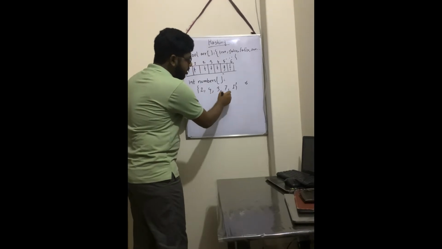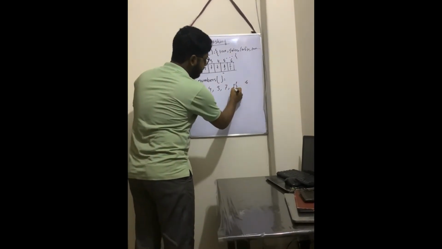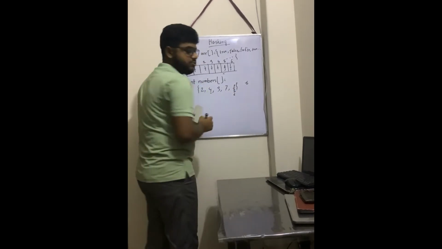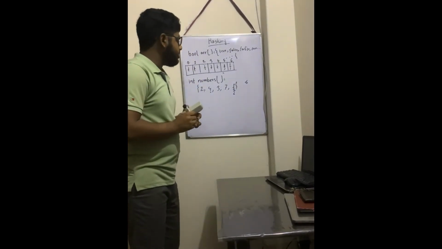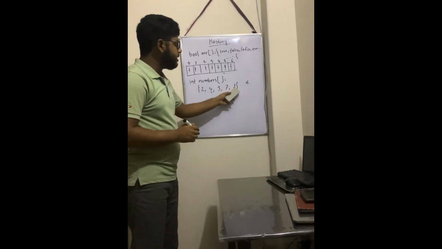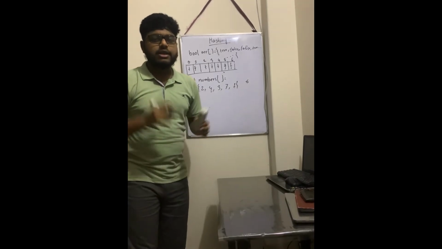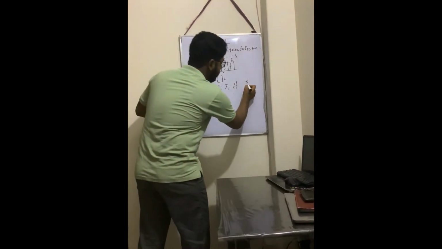The loop continues, and finally we compare with 1, the last value. There is no similarity between 1 and 6, so we can say that 6 does not exist in the array.